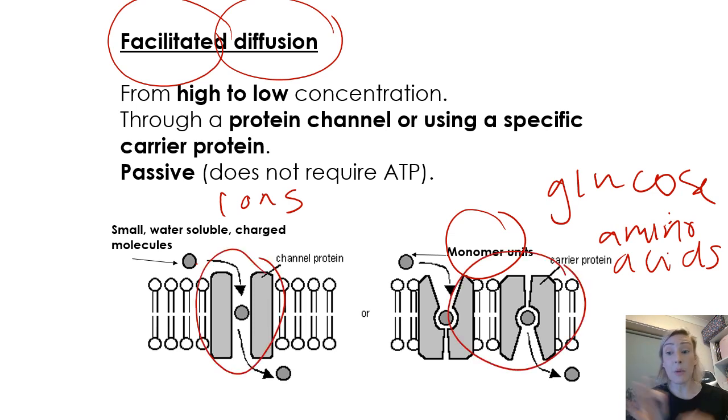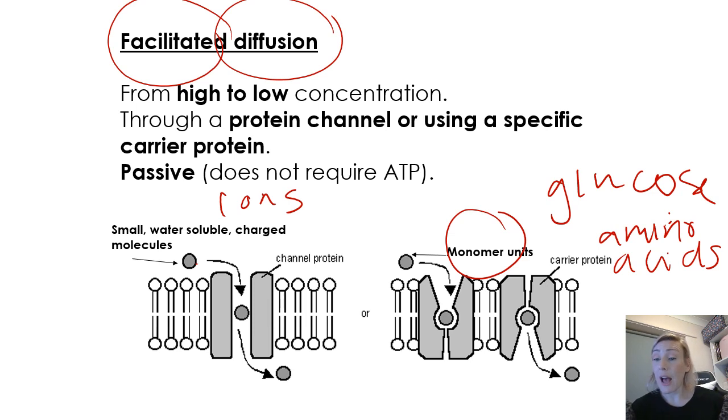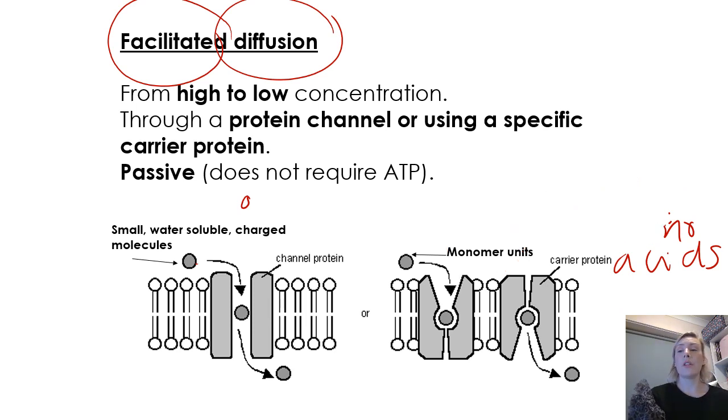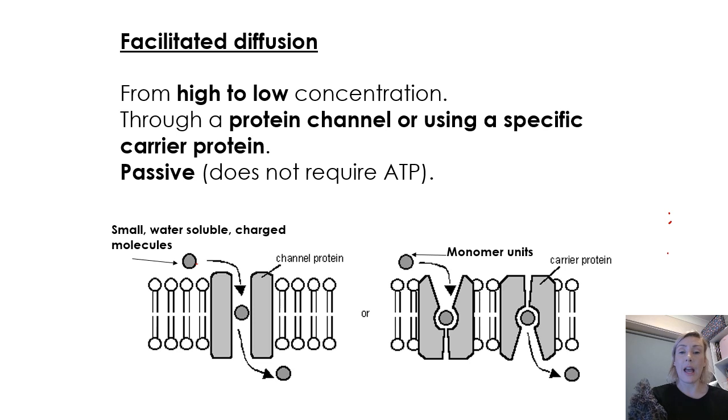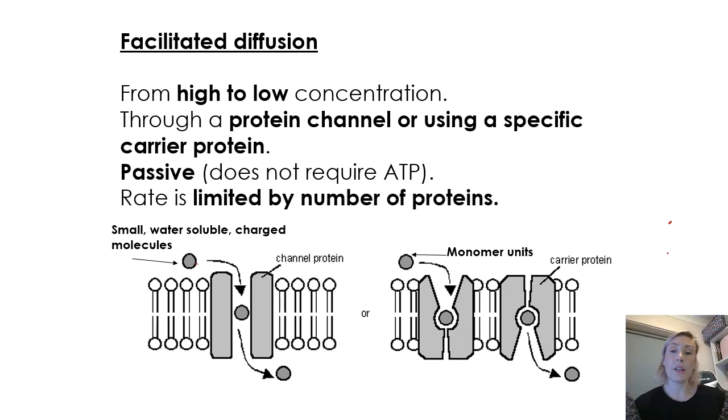If it's not present, they won't move, even if there's a diffusion gradient. And if it is present, how many of those proteins there are will determine how fast that can happen. We'll see that in data sets, and in our AO2, AO3 questions a little bit later on. So the rate at which this happens is really limited by the number of proteins, because they need to be present for facilitated diffusion to happen.